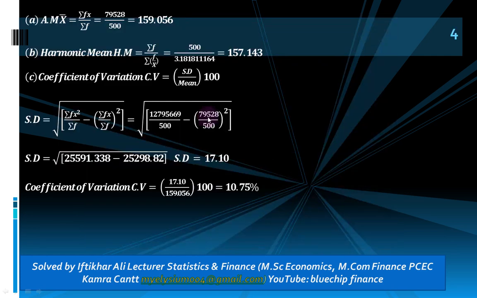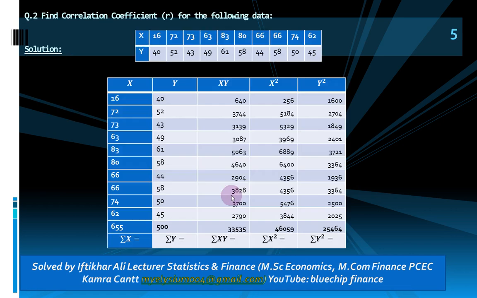So after putting the values into this formula, standard deviation is 17.10. So finally, standard deviation 17.10 divided by mean, which is equals to 159.056 multiplied by 100. So coefficient of variation, it is a relative measure of dispersion, so that is 10.75%.